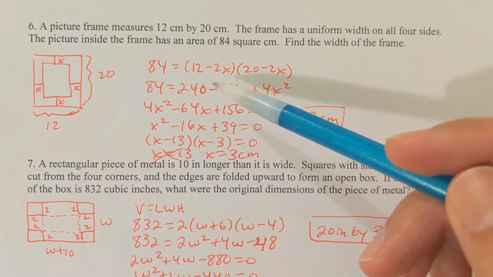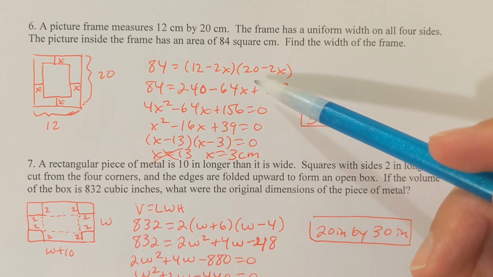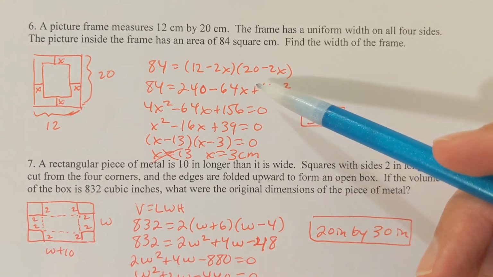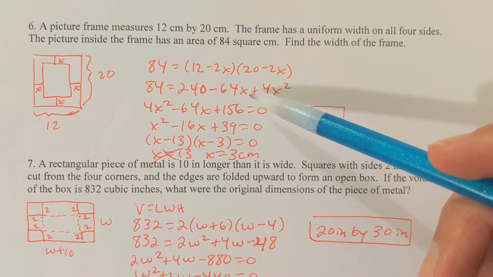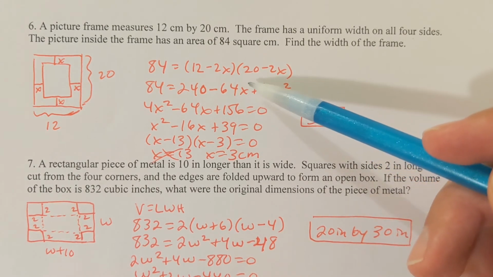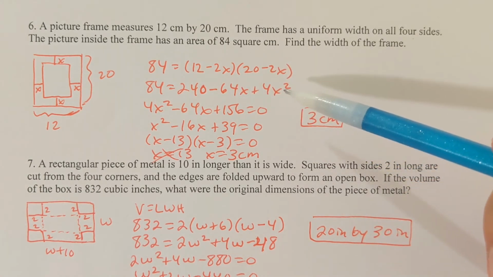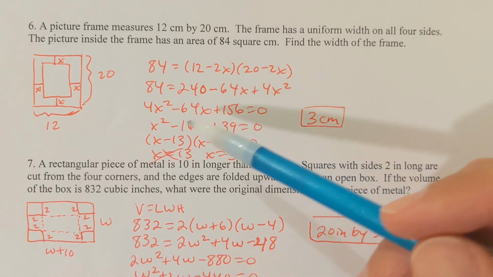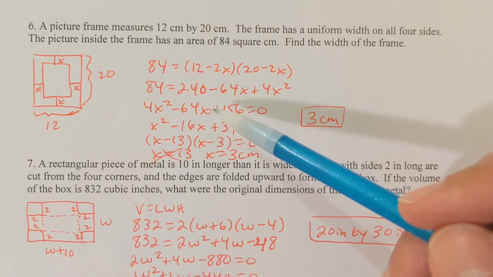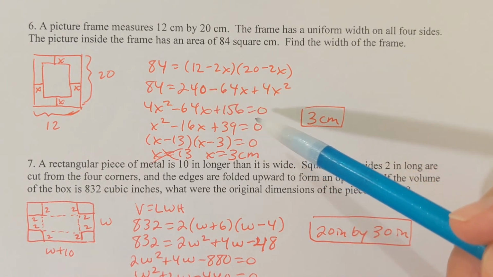Negative 2x times 12 minus 2x times 20 is negative 64x plus 4x squared. Okay, so if I subtract 84 from both sides, you have 4x squared minus 64x plus 240 minus 84, which is 156. That's all equal to 0.